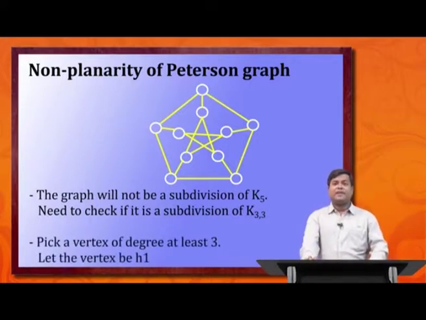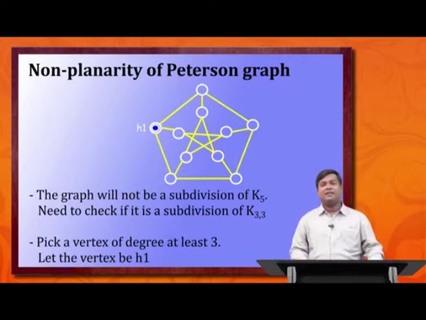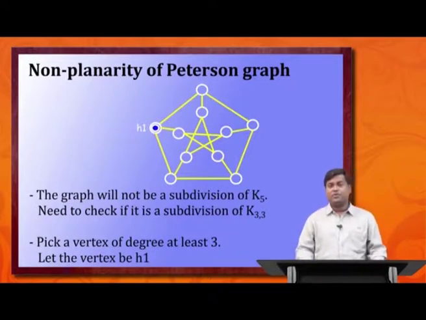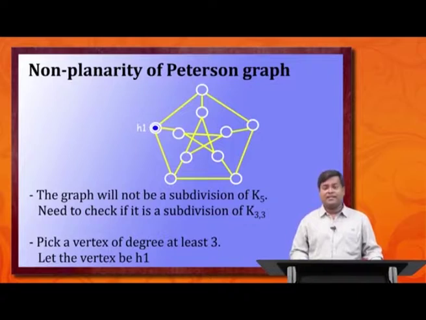So first let's pick a vertex of degree at least 3. Let the vertex be H1. We have marked that particular vertex H1 and it has degree 3. Since K33 has degree 3 for each and every vertex, we have chosen one vertex H1 with degree 3.